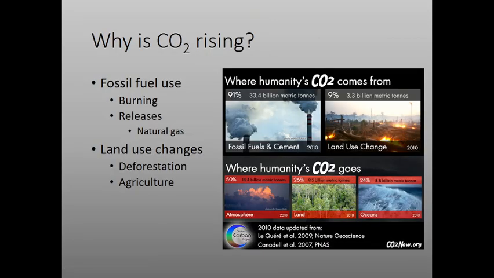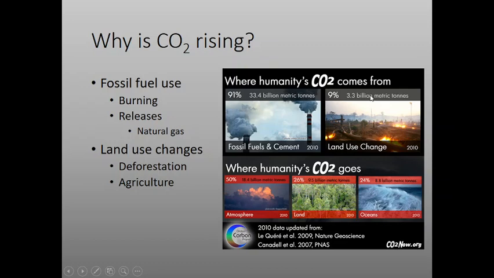So why is CO2 rising? Basically, it's fossil fuel use, right? That is the biggest thing. That's where about 90% of the increased CO2 comes from, and it's burning coal, releasing natural gas, burning oil, and making cement is also a big one in there.